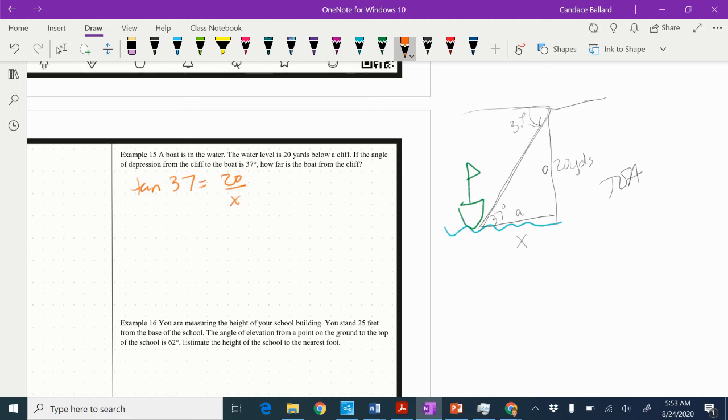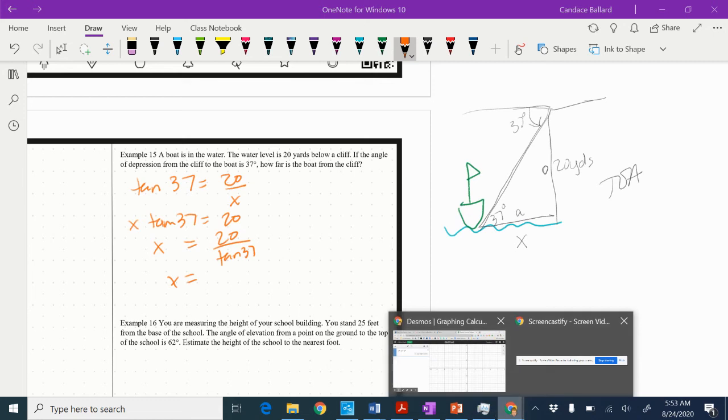And again, I have that variable in the denominator, so I have to do a little bit more work. I'm going to multiply both sides by x, and then I'm going to divide by the tangent of 37 because that's just an ugly decimal number.